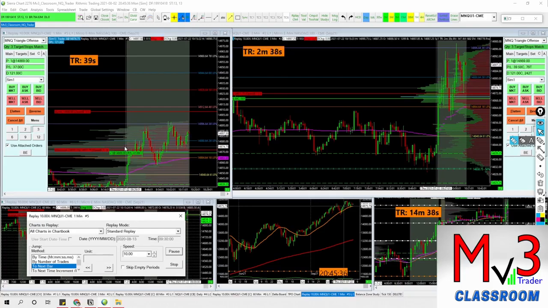Okay, there. Now we got a nice little push higher. I teased my break even a couple times, and then it never got triggered. Let's see if we can make new highs out of this range here.